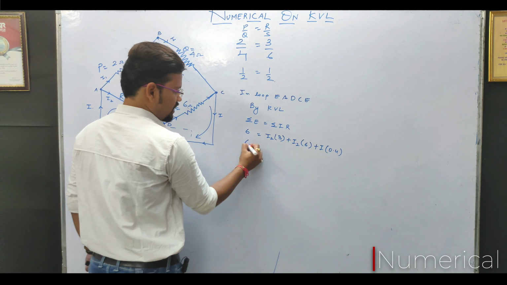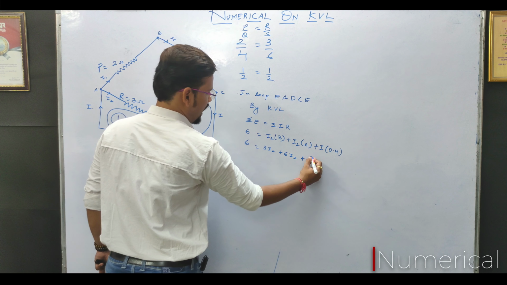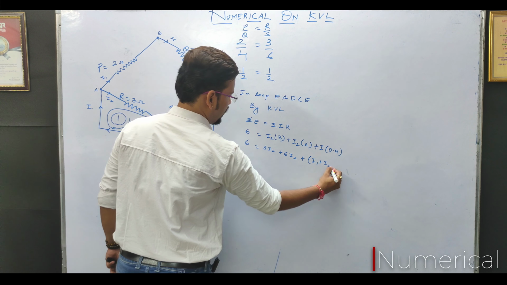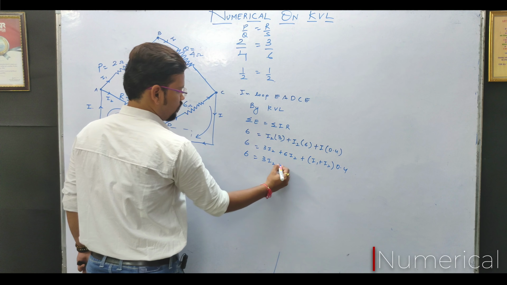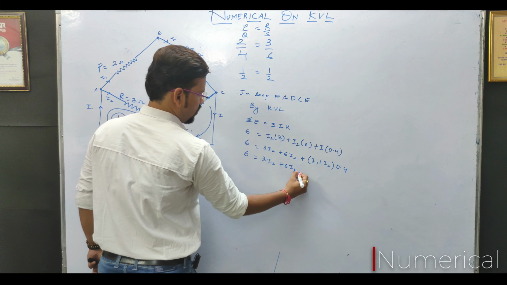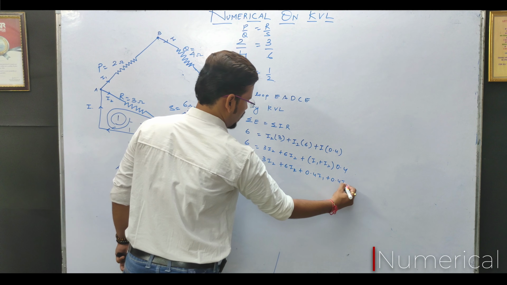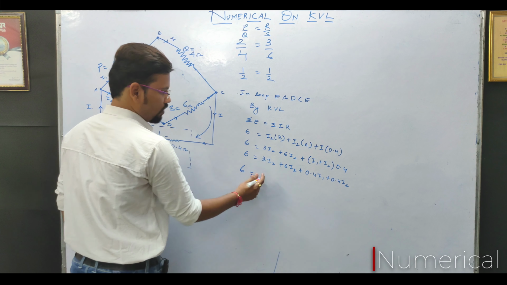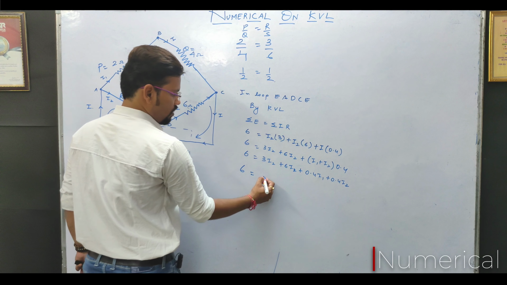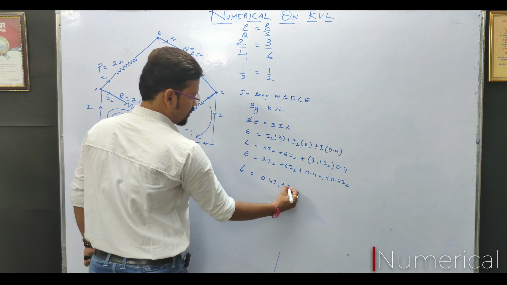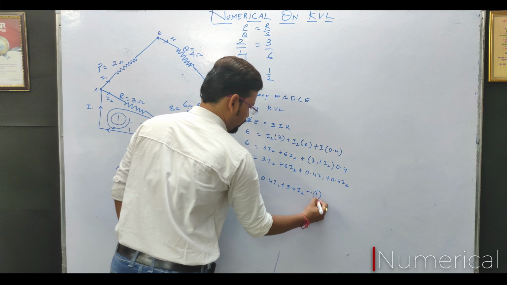So 6 is equal to 3I2 plus 6I2 plus I, which can be written as I1 plus I2 into 0.4. 6 is equal to 3I2 plus 6I2 plus 0.4I1 plus 0.4I2, or 6 is equal to 3 plus 6 is 9, 0.4I1 plus 9.4I2. This is our equation 1.